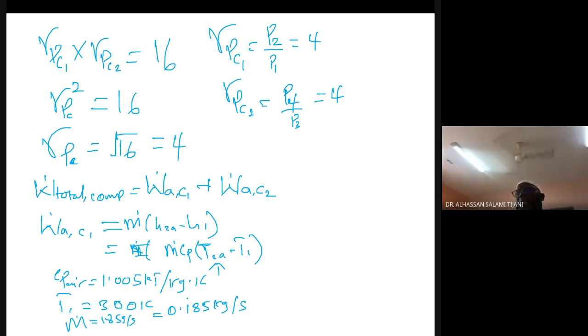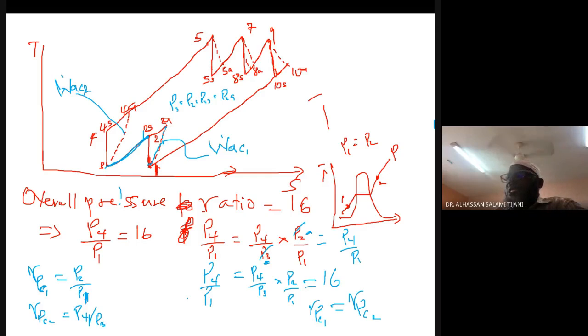So now we need to find T2A. How do we determine T2A? By relying on isentropic efficiency. This is very, very important, to rely on the concept of isentropic efficiency.